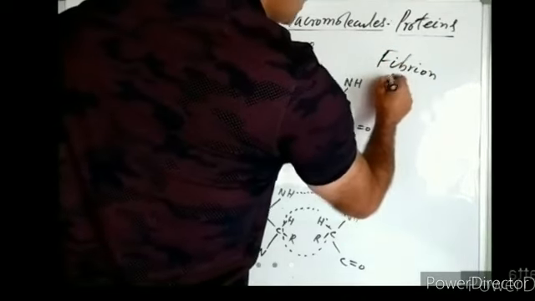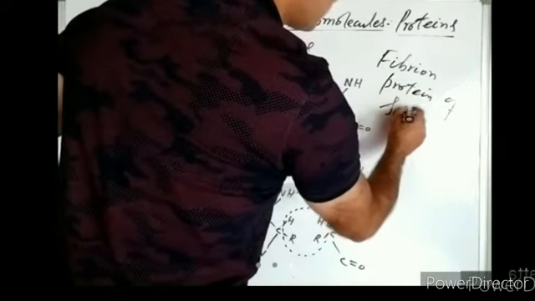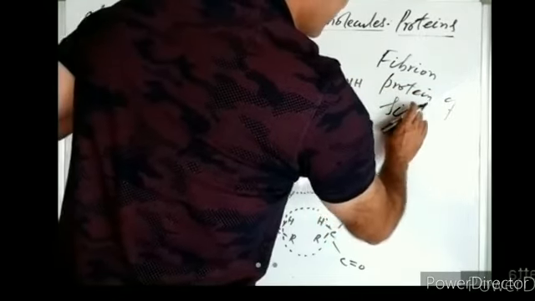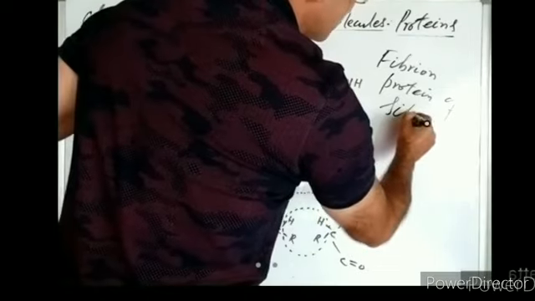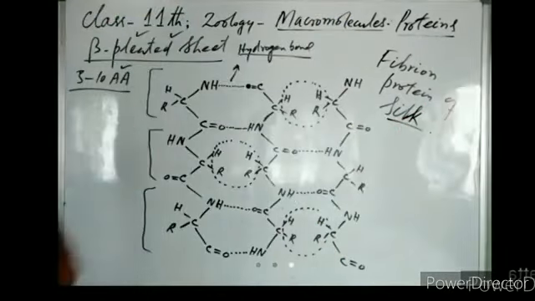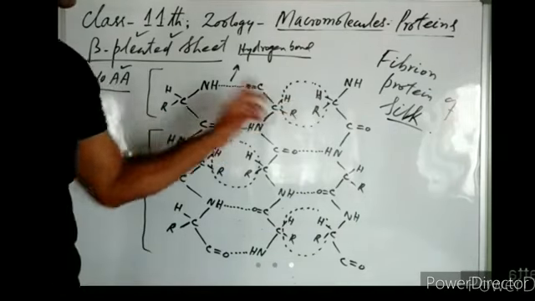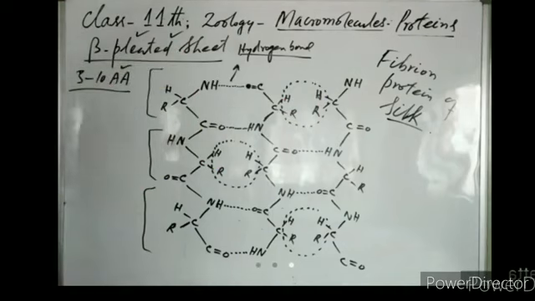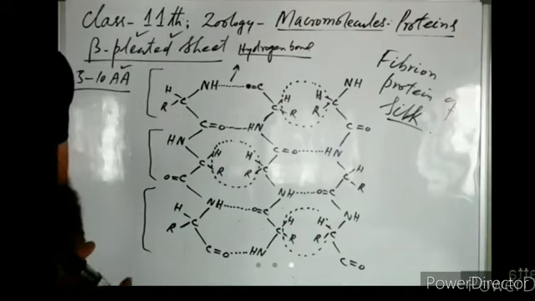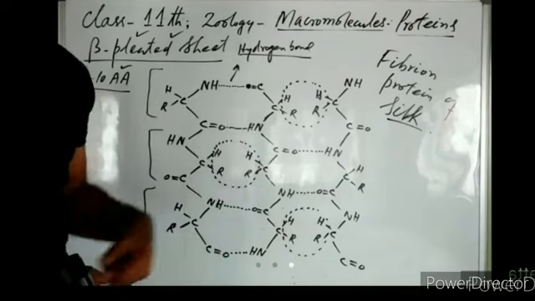Fibroin protein of silk. We have got silk. In that silk, we have got a protein known as fibroin protein. That fibroin protein, which is present in silk, is in this beta-pleated sheet structure, right?